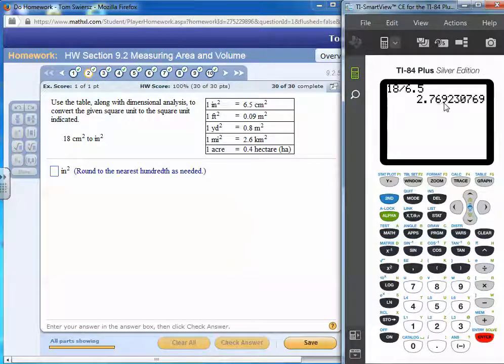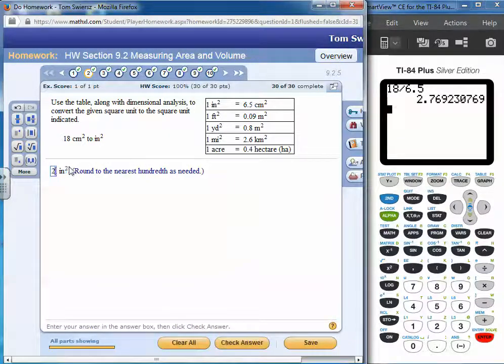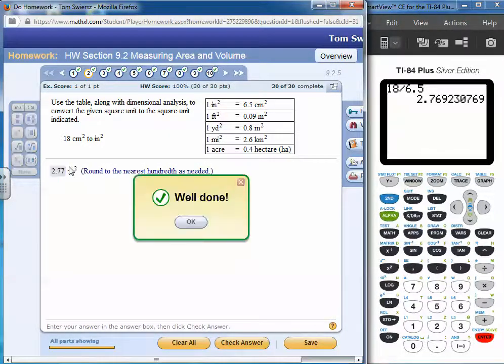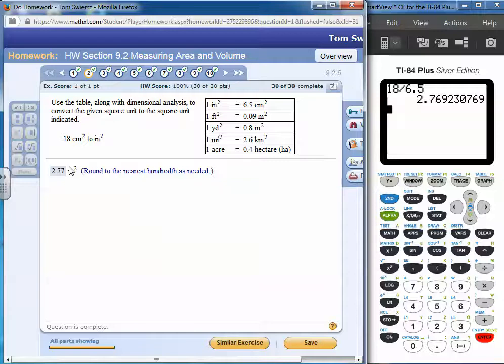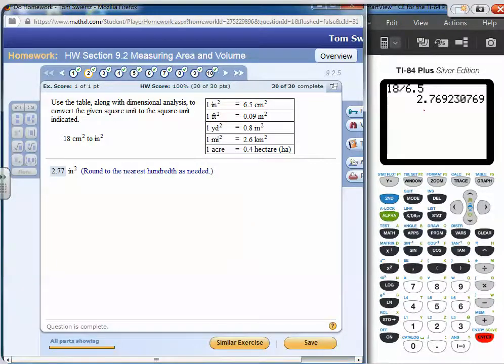The 6 is followed by a 9, 2 decimals. So that would give us 2.77. Again, 2.769 has 3 decimal places. The 9 is in the 3rd decimal, so we would add 1 to the 6, and we would get 2.77.